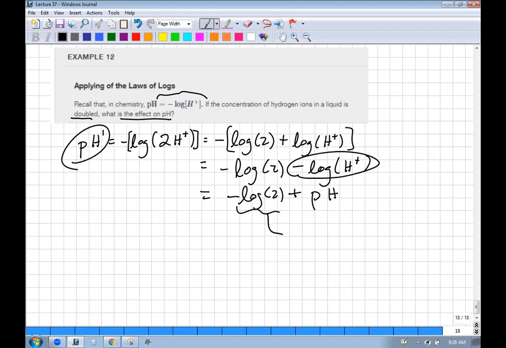So what's happening is pH decreased by log base 10 of 2. So if you double the hydrogen ions, your pH goes down. Okay, so the higher your hydrogen ions, the lower your pH.